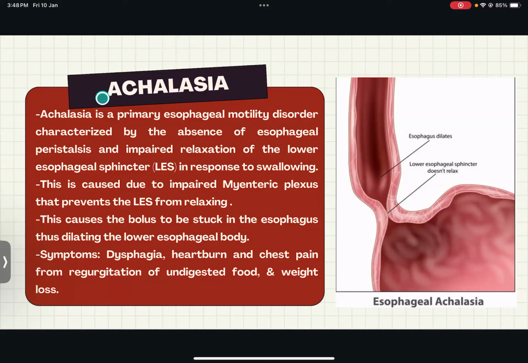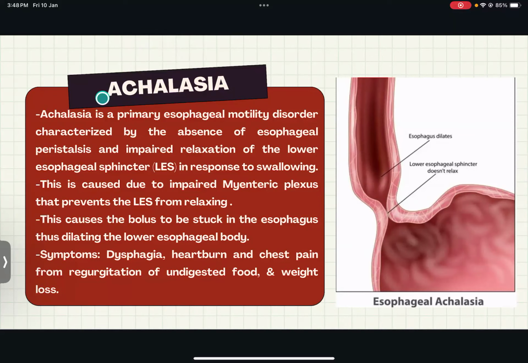Heartburn, because you feel this burning in your esophagus because of the regurgitation of the acid reflux. For those of you who don't know what regurgitation means, it's just the flowing back, okay? So the acid reflux will go back to the esophagus, where it shouldn't be.